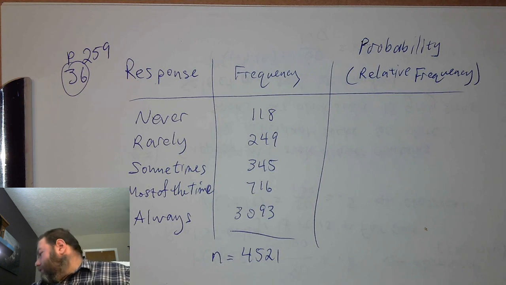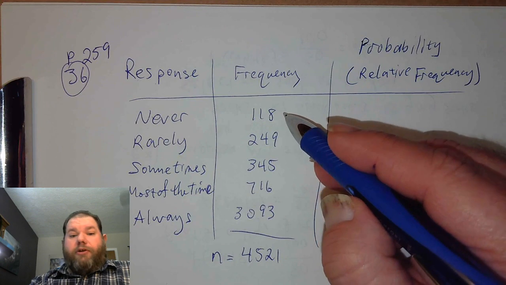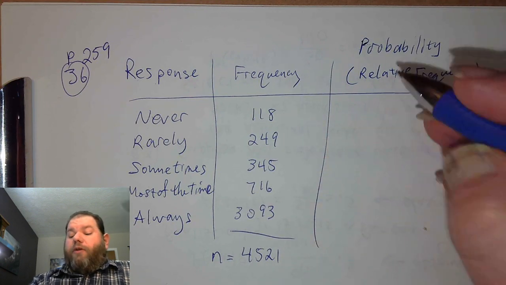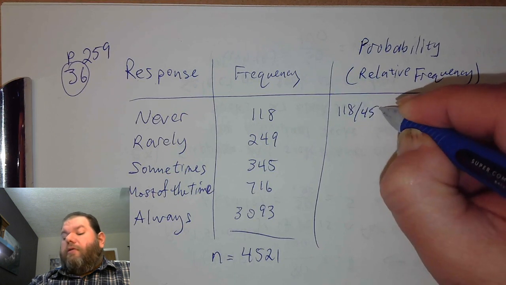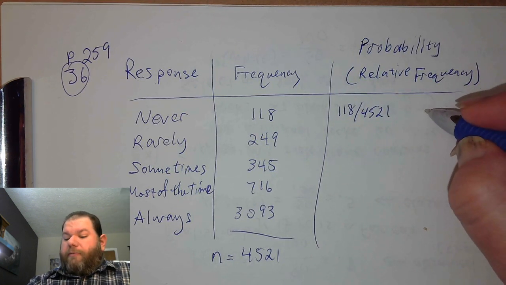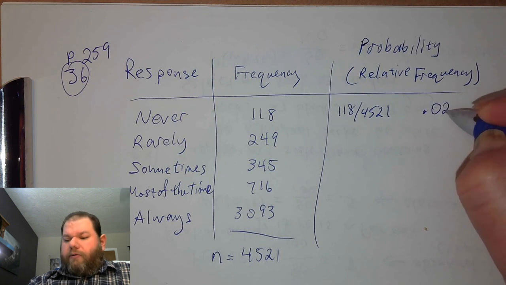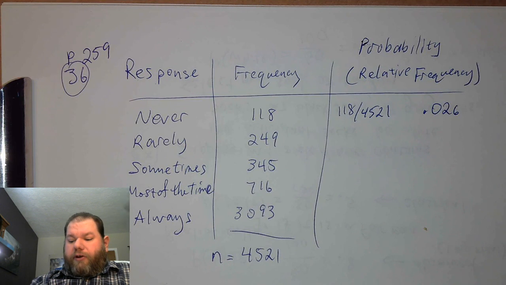For the sake of time, we know that we're just going to take our 118 and divide that by 4521, and that comes out to be 0.026. I'm just going to go to 3 decimal places on these.